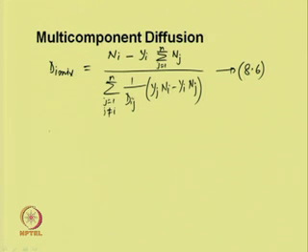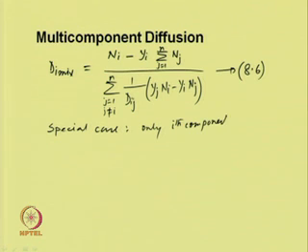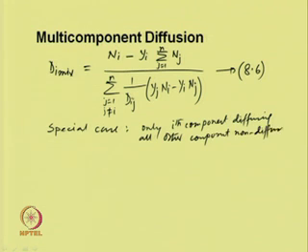Now, if we consider the special case, only the ith component diffusing, all other components non-diffusing. So, N_j will be 0.